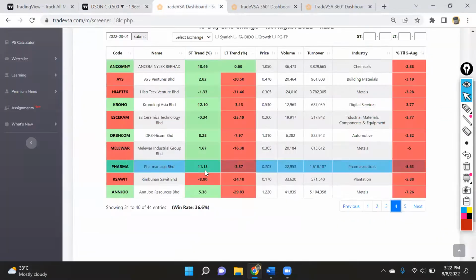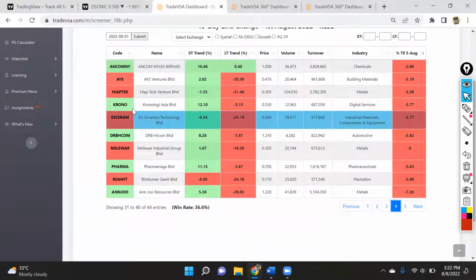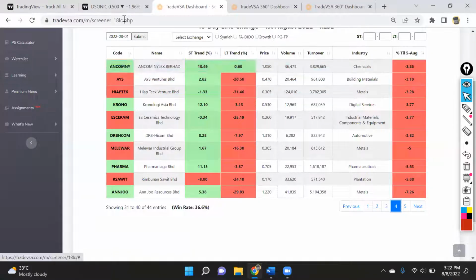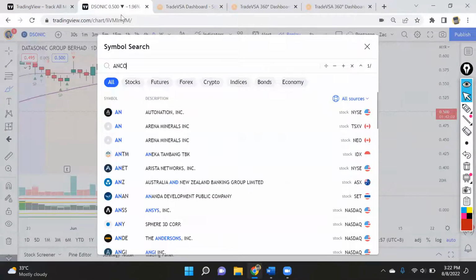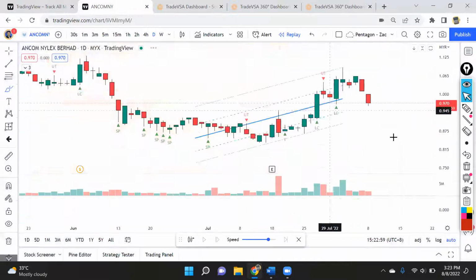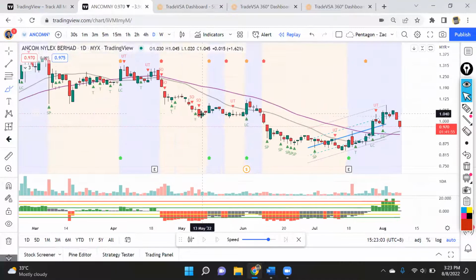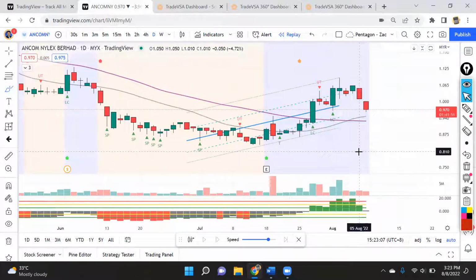We still got lots of counters in the screener here. We can go for, let's try NCOM. Okay, NCOM. Anyone here want to share what you think about NCOM?